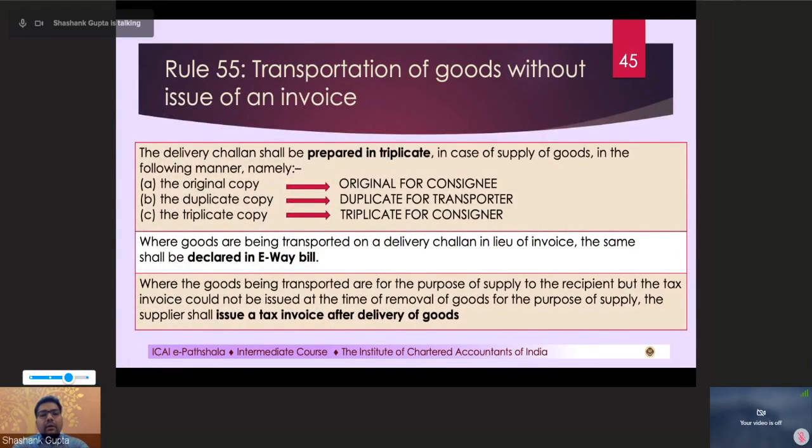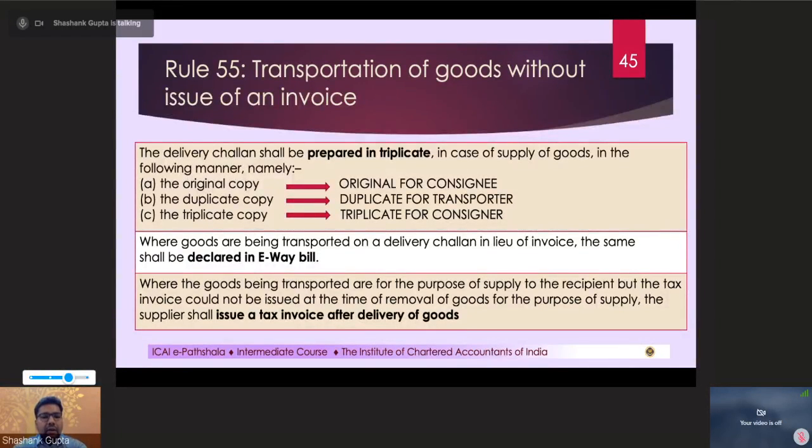Generally, if a delivery challan is being issued in case of supply of goods, then it has to be issued in triplicate: original for the consignee, duplicate for the transporter, and triplicate for the consignor. Where goods are being transported on a delivery challan in lieu of invoice, the same shall be declared in the e-way bill. What is an e-way bill?